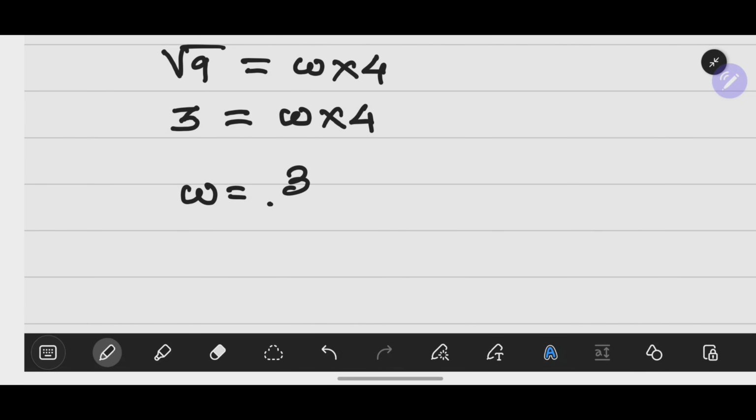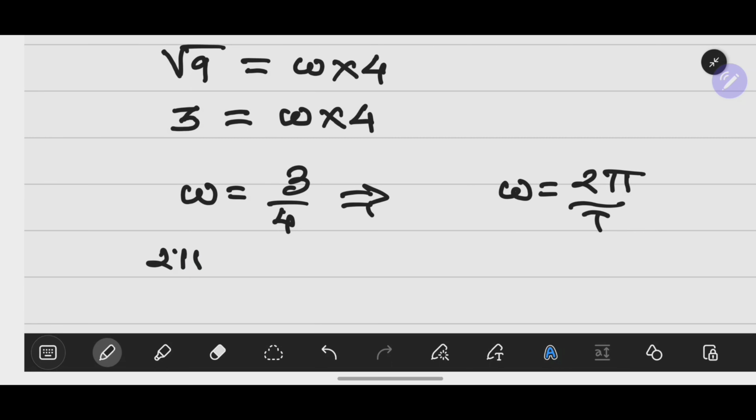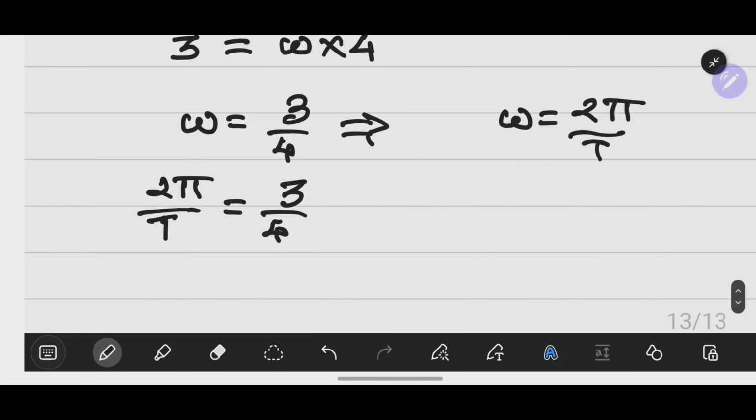So omega is equal to 3 by 4. If we substitute omega is equal to 2 pi upon T, then 2 pi upon T is equal to 3 by 4. Then T upon 2 pi is equal to 4 by 3.